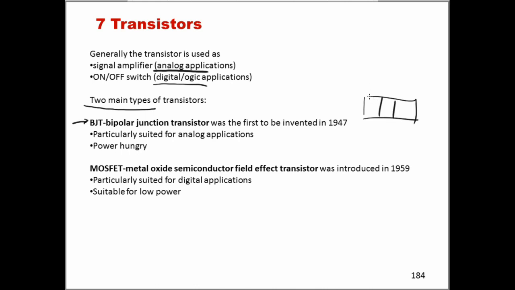For example, it could be an NPN or PNP and so on. So that's what a bipolar junction transistor could be. So this is a single piece of silicon doped in one region N, one region P, and one region N again. So effectively, these are two PN junctions connected together. But the problem with this device is that it is quite power hungry.